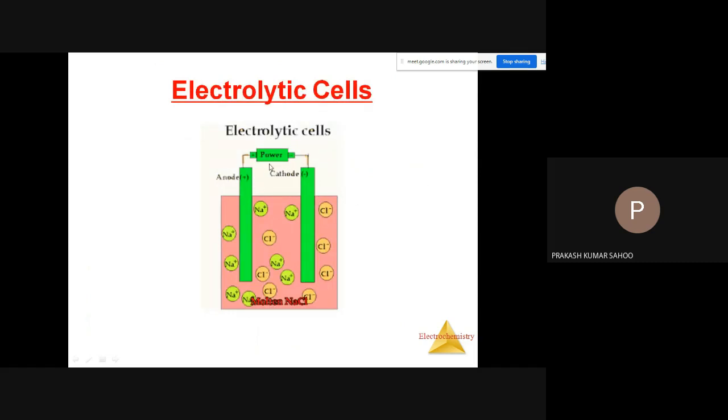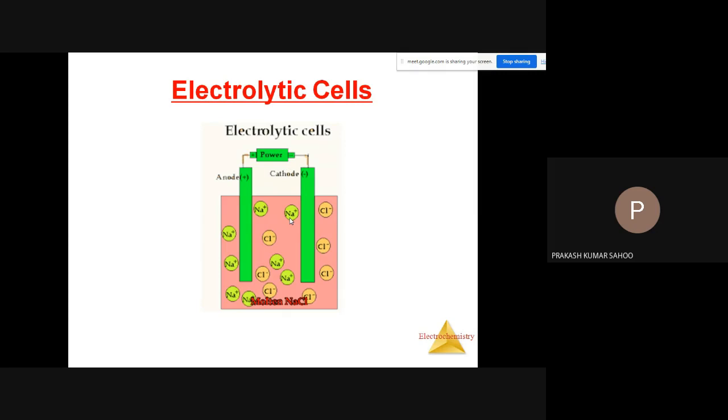Just see here, the external power is supplied, and the anode is now positive and the cathode is negative. This situation arises when equilibrium is established, when the maximum copper 2 plus has been converted to copper and zinc converted to zinc 2 plus.